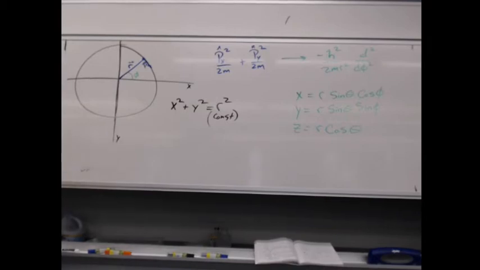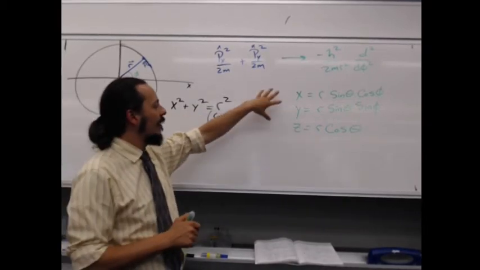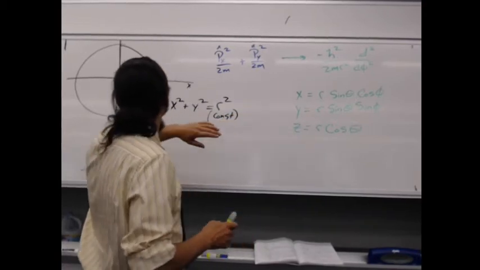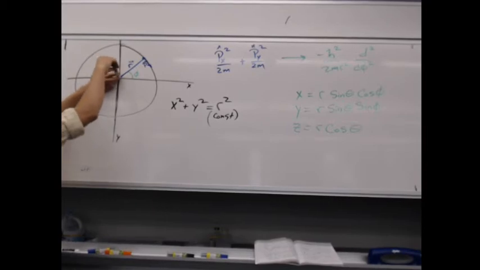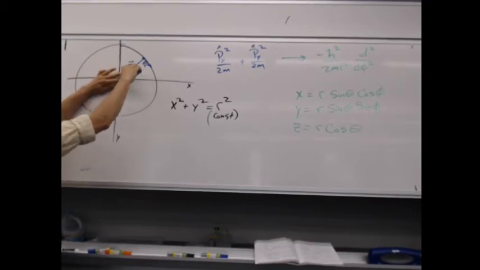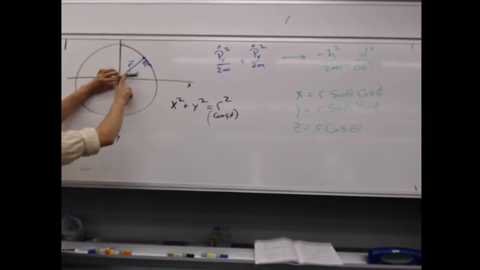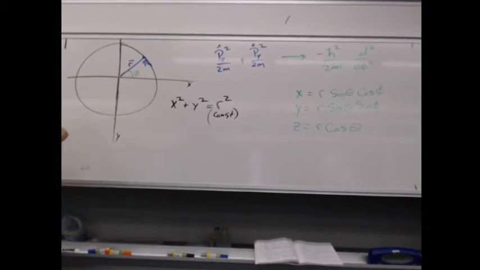So we've got our x, y, z. You can see what happens if you did x squared plus y squared in this situation where if this is the phi, then the theta would be tilting down from the z-axis into the xy plane. And so in this case, our theta would be pi over 2.